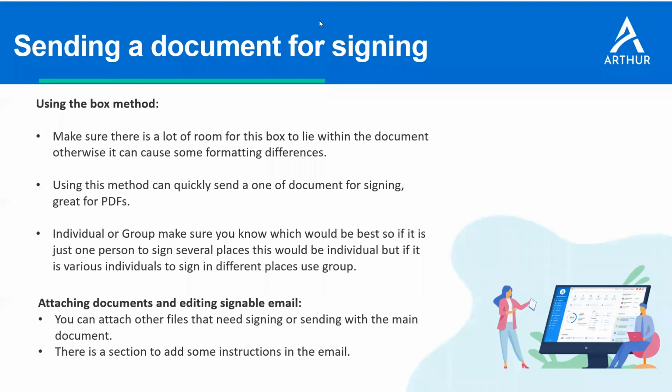If it's just one individual that needs to sign that document, you can click individual. And then you can obviously attach those different files if you wish, and edit the email if you wish to do that as well. Okay, so now we're just going to do the box method so you can see what that looks like in Arthur.